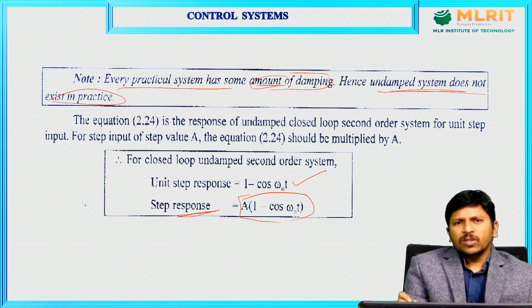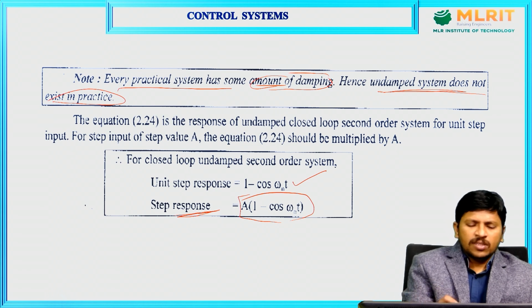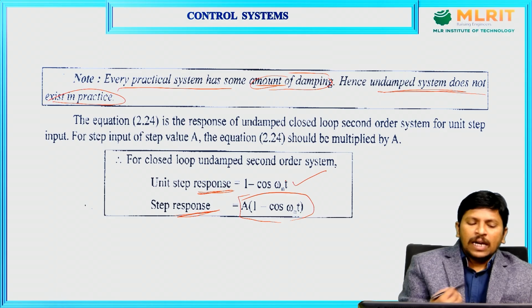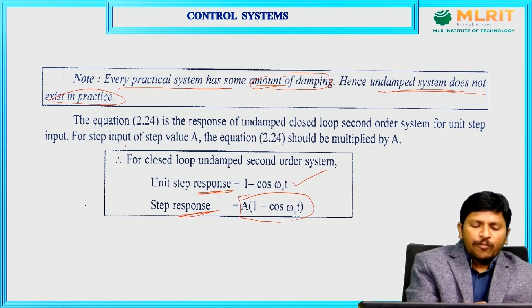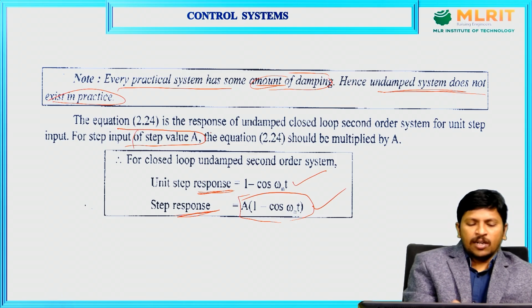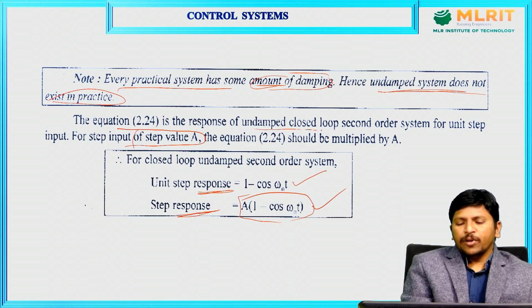So now from that output, the equation is 1 minus cos omega n t for unit step input.